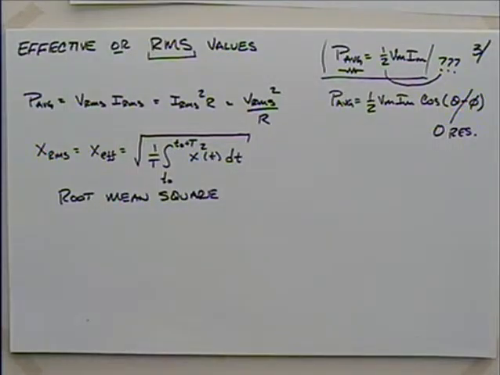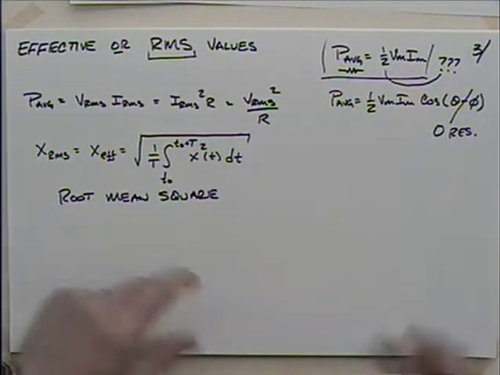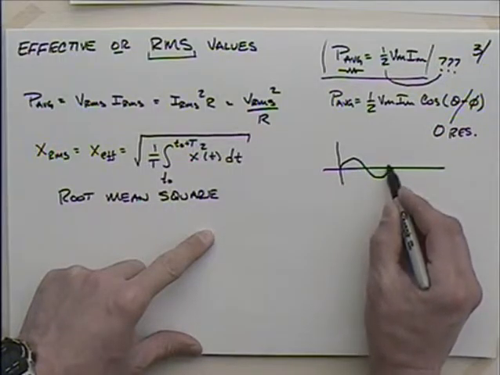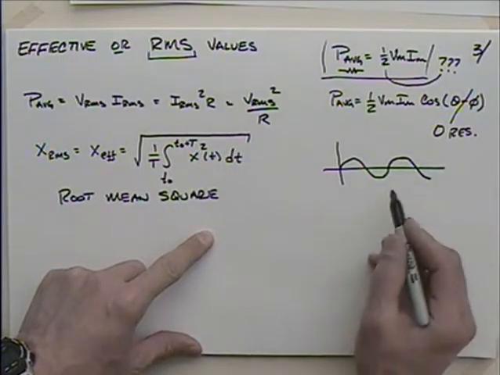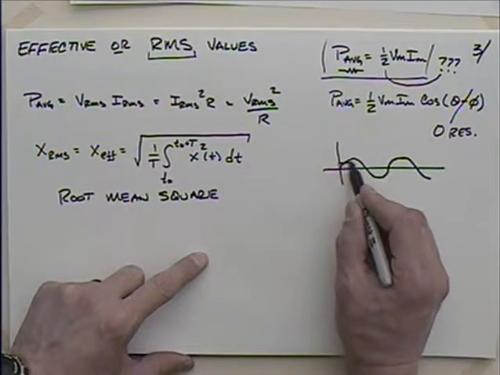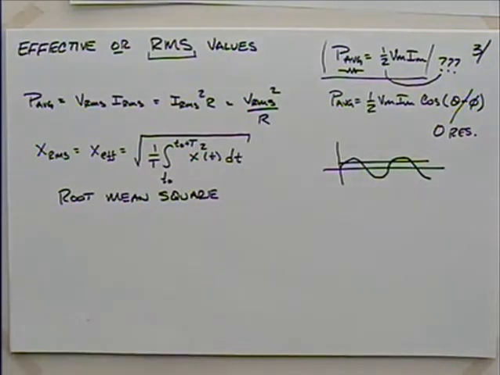If I were to define RMS very quickly, it's really the DC equivalent of an AC. So if you were to take this sinusoid like this, and you were to try and get the same amount of power out of a DC source that you could get from that sinusoid, how much DC would you need?